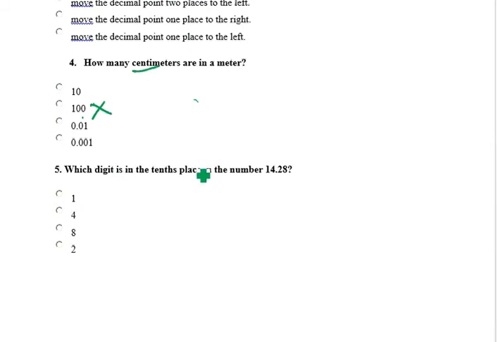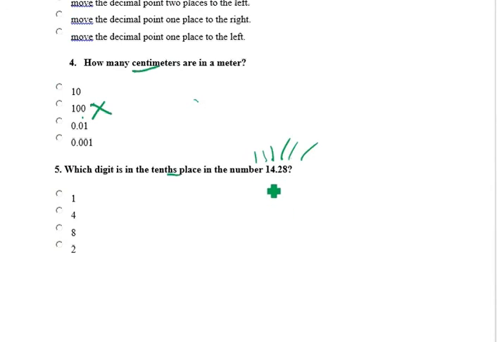Okay, which digit is in the tenths place? So if you see the TH, it means it's to the right of the decimal, because this is the ones, the tens, hundreds. And then we don't have a ones place, but this 0.2, that's 2/10 of 1. So this is the tenths, hundredths, thousandths. Like a dime is a tenth of a dollar.